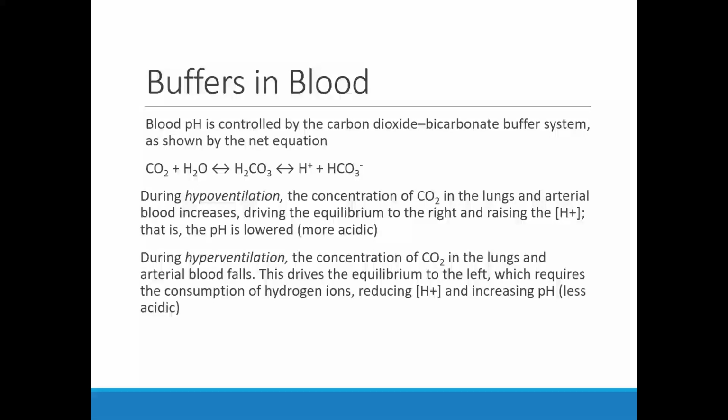Here we see that CO2 as a gas will mix with water within our blood to form carbonic acid. That's this molecule, carbonic acid. And ultimately, this will break down into an H plus and this HCO3 minus. This is called bicarbonate.